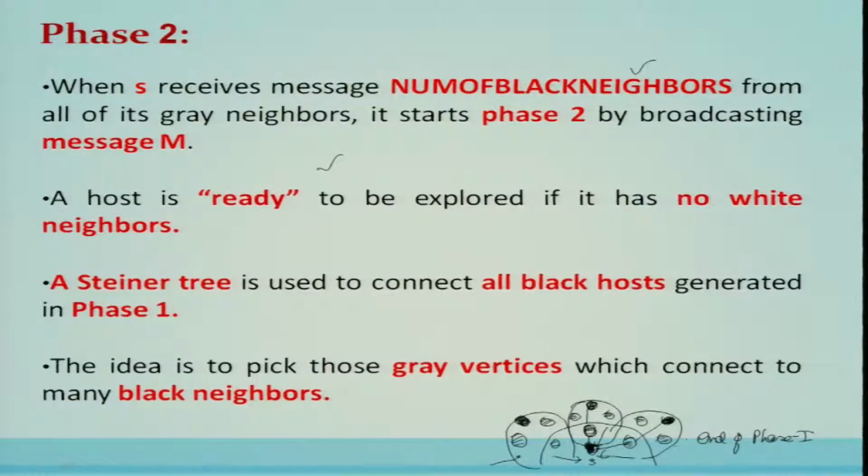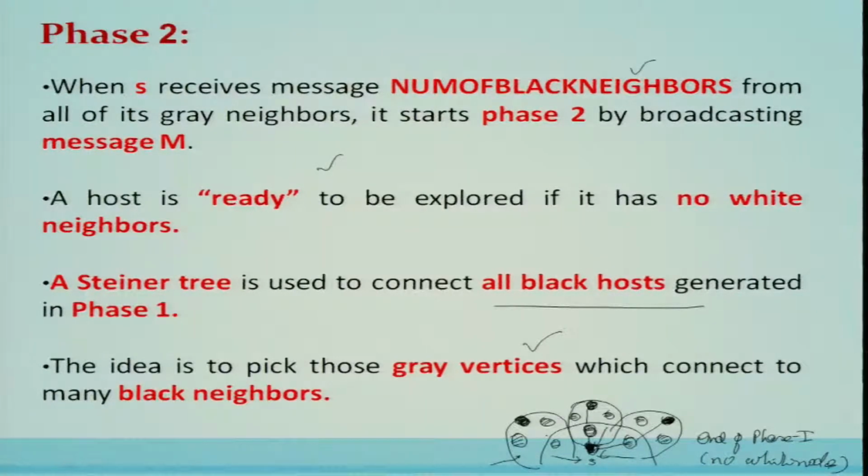So here you see that when phase 1 ends, there are no white nodes. Now a Steiner tree will be constructed to connect all the black nodes using those gray nodes which can connect two or more black nodes. In phase 2, some of these gray nodes will become black nodes.